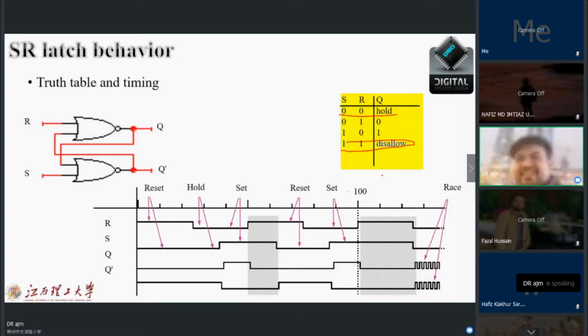Set and reset are shown better here, and the hold situation, which means they remain in the previous state of our circuit, is shown here as you can see.